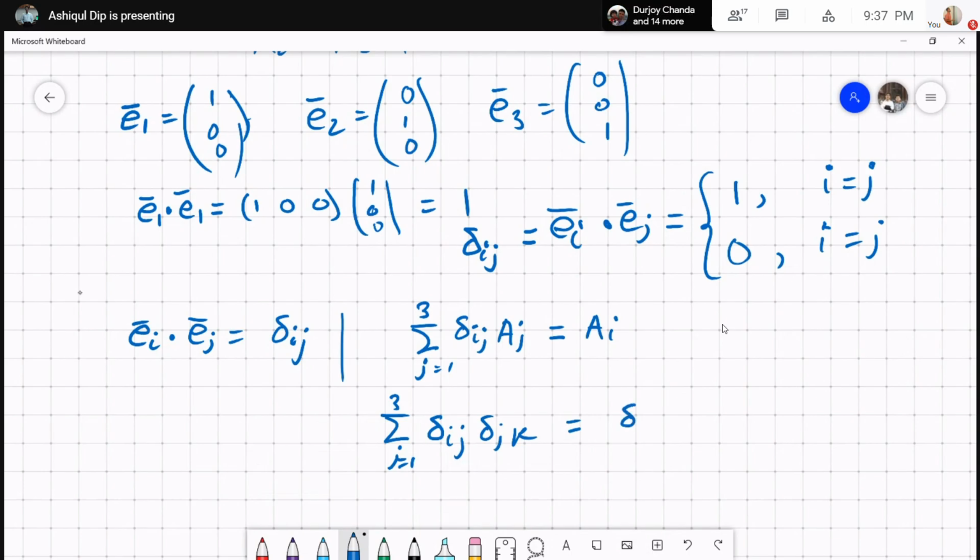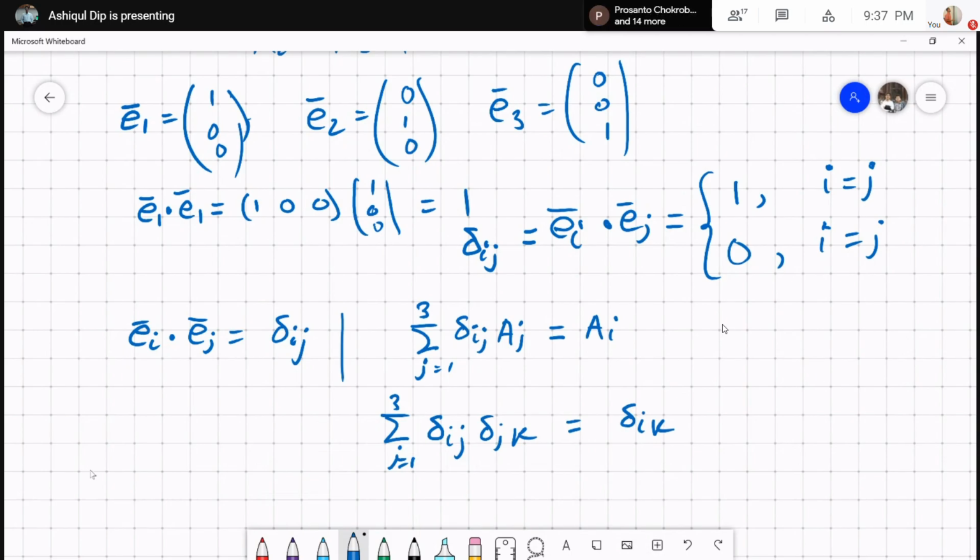Remember, when you have a Kronecker delta summed over one index, that summed index is called a dummy index, and it is just replaced with the other one that is not summed. Here we have done that: this j is replaced with that i, or you could say it the opposite way.